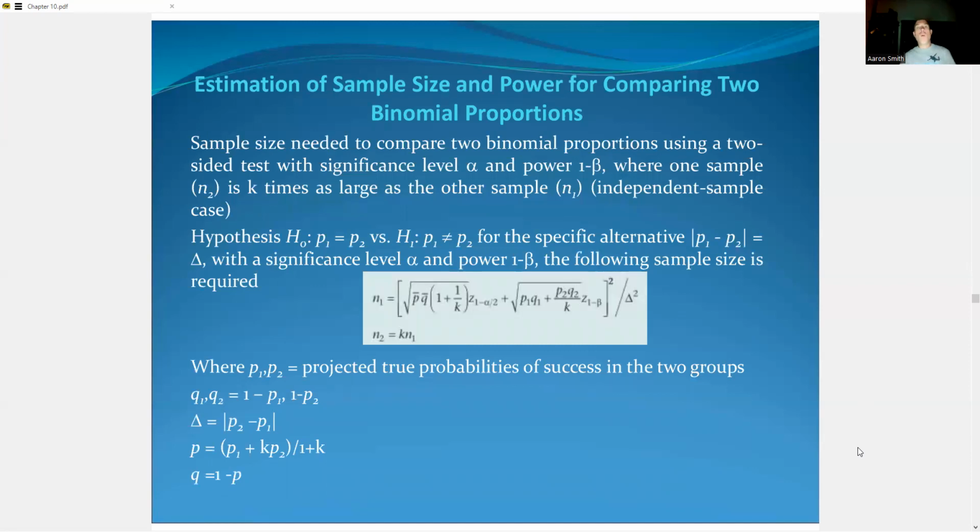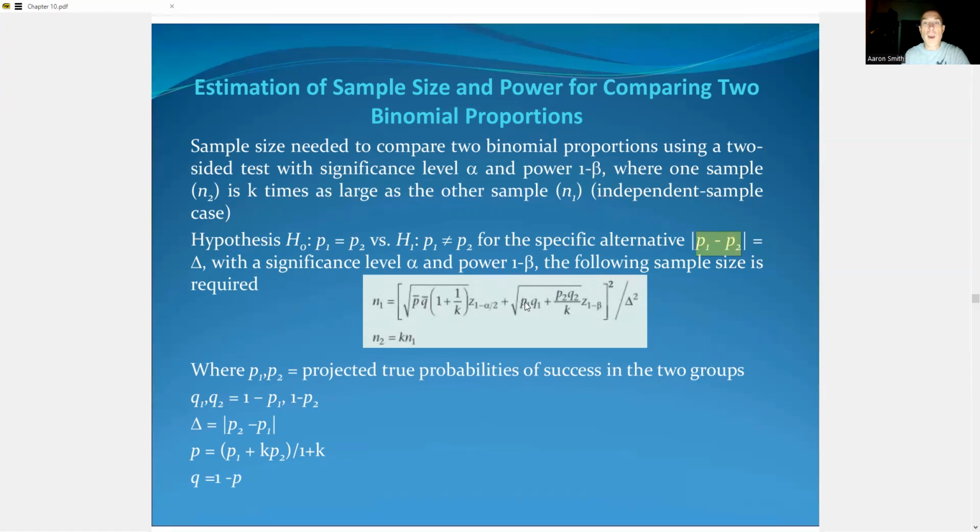All right, so now we want to talk about sample size. Let's say I'm in a situation where I have not collected my data. I want to get an idea of how much data I need so I can get the resources, plan out, and make sure I have enough time. Well, this gives me an estimate of how much I'm going to need. Delta is going to be the hypothesized difference between the proportions.